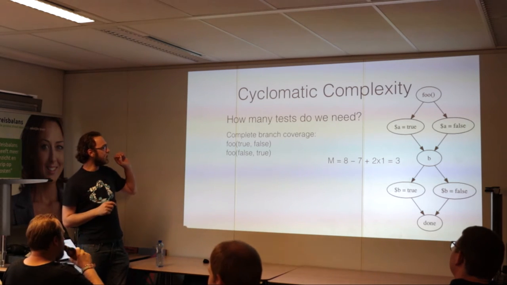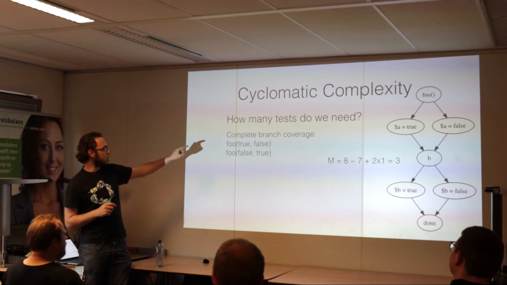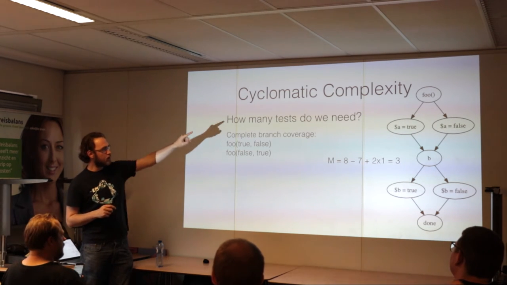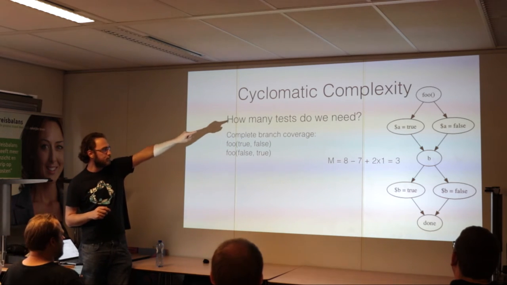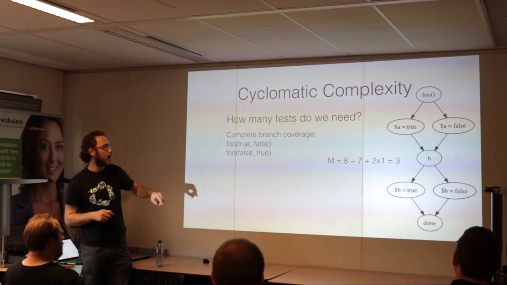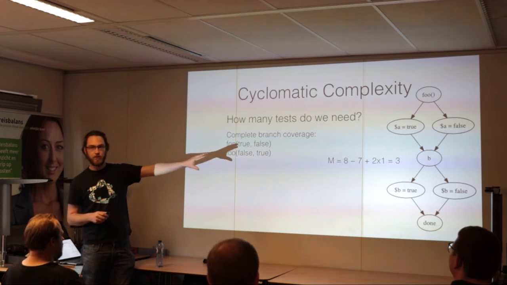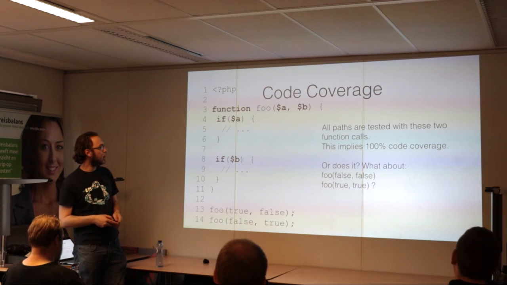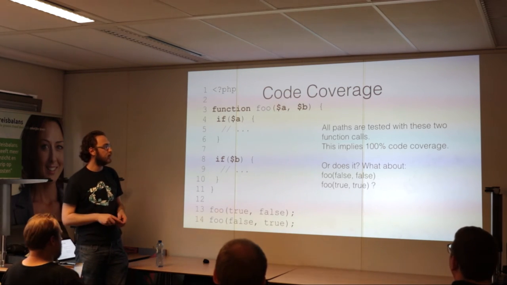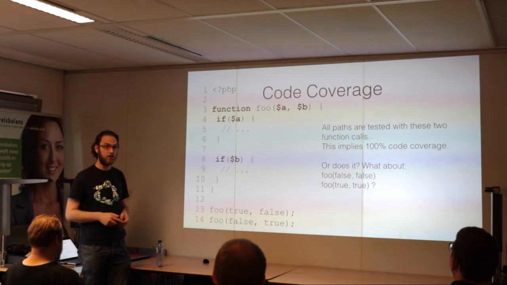But to have complete branch coverage, you can call the function foo with either true, false, and with false, true. So it will either take that path and go through that way, or that path and go through that way. And when you call those 2, every piece of code has been called at least once, which is 100% code coverage, according to the code coverage metrics that we usually have in the current projects.